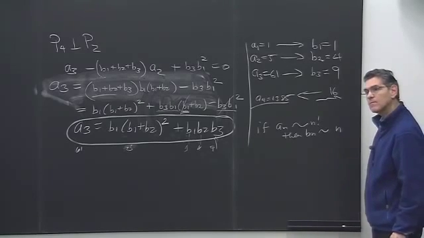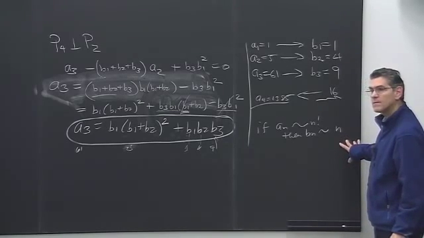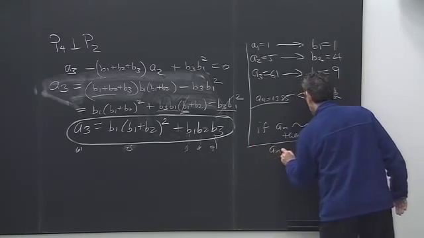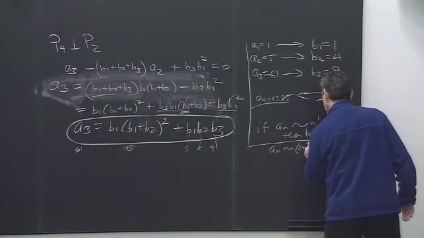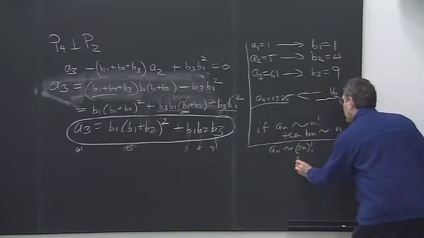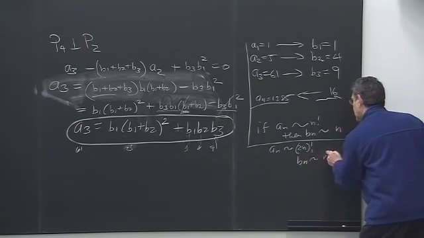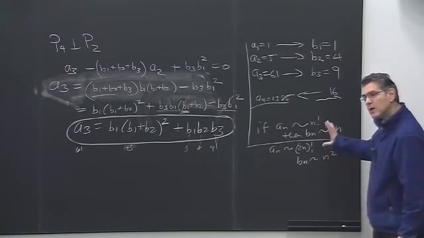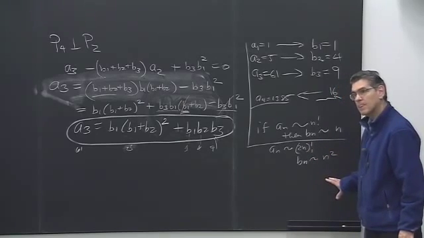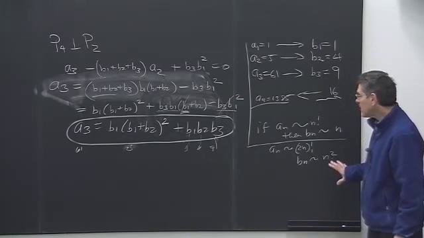Just like n. They're just linear in n. It's very interesting. And if a sub n grows like 2n factorial, very, very rapidly, then the b sub n grow like n squared. So the b sub n are very moderate numbers. They're not growing very rapidly. Very well-behaved, very moderate numbers.